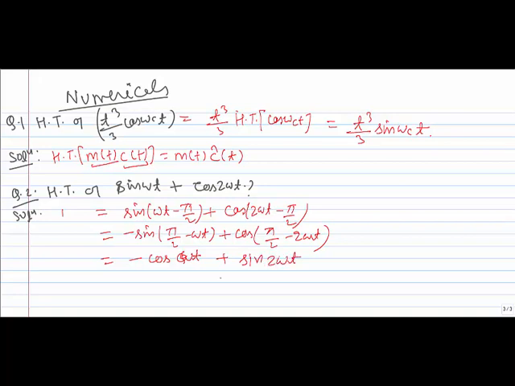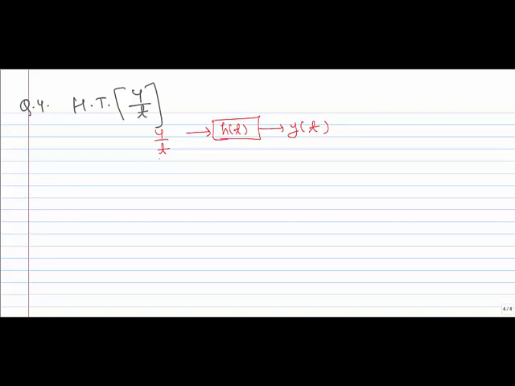This is the answer. Next, we need to find the Hilbert transform of 4 by t, right? So again it's very easy. The input is 4 by t. We need to pass it through the Hilbert transformer and we need to find y(t), right? Now there can be many methods to solve it, but I will use a very simple method.